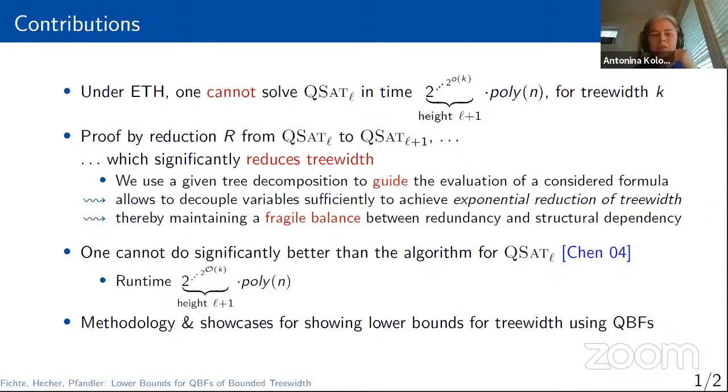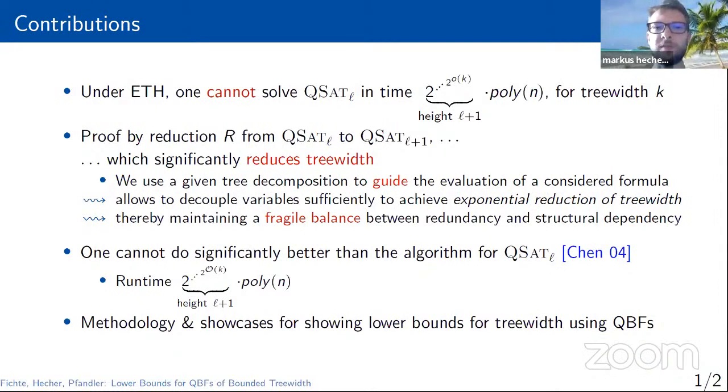Okay, more questions, comments? Just a very quick question. You mentioned that you have some non-uniform results. How far can you push this technique? Well, so far we did not try much, to be honest.